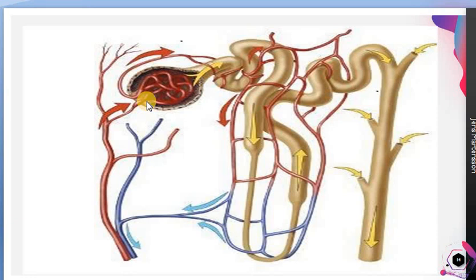What causes this huge pressure difference is the difference in width between the afferent and efferent arterioles. The efferent arteriole is narrower, with a reduced diameter compared to the afferent arteriole. The afferent arteriole is a little bit bigger.